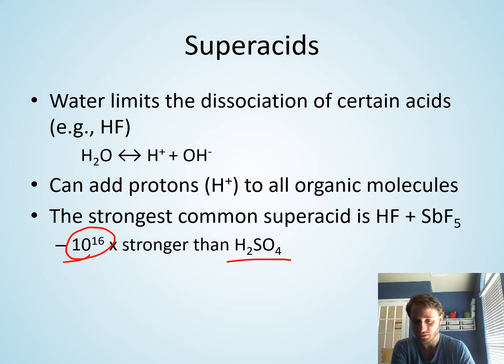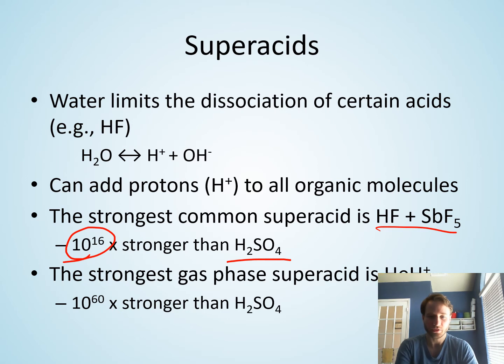H2SO4 is an extremely strong acid. It's an acid that makes up acid rain, and it is extremely weak compared to, say, the superacid solution given here. In the gas phase, HeH+ is considered a superacid, which has a strength 10^60 times greater than H2SO4.